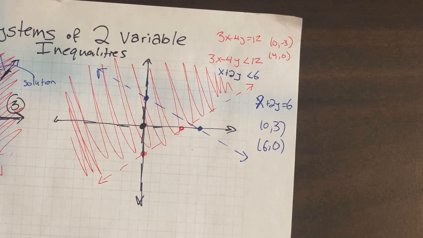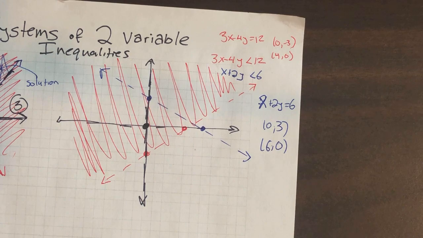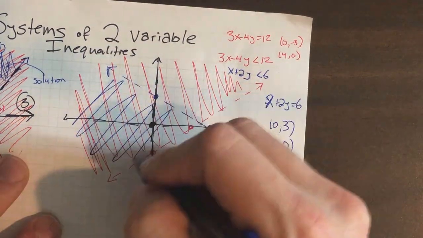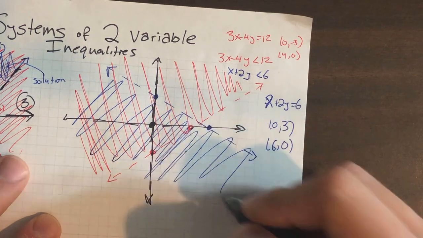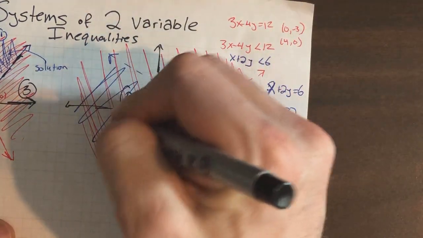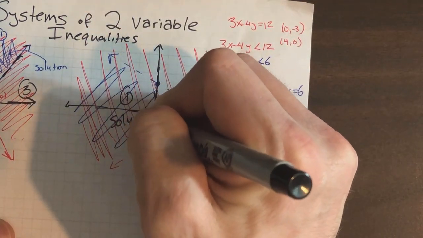All right, now I'm going to do 0, 0 again. Does 0, 0, well, 0 is less than 6. Is that true? Of course. So now I'm going to shade below this line. And notice, here's my solution. So again, I've got region 1. This is the solution.